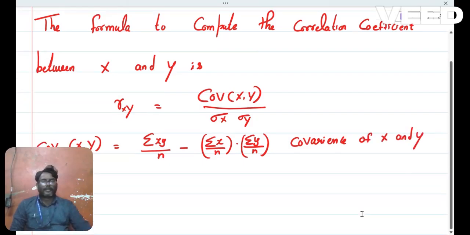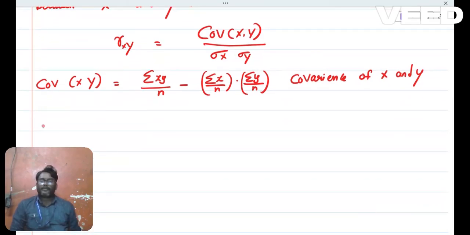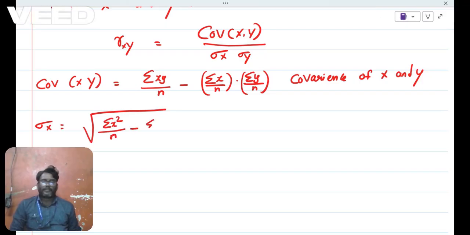And sigma x is equal to under root of sigma x square divided by n minus sigma x by n the whole square, which is called as standard deviation for x.